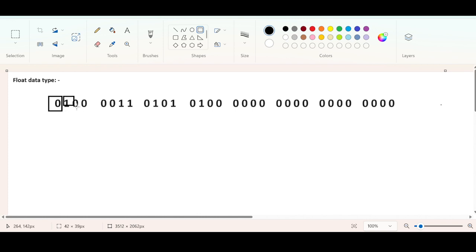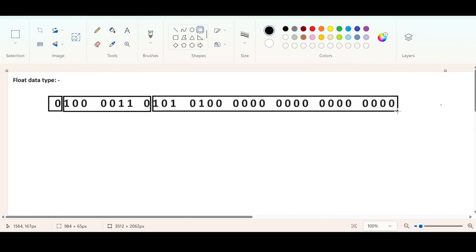The next 8 values, 2, 3, 4, 5, 6, 7, 8, are reserved to represent the exponent value. And the remaining part, if you count, we get 23. The remaining part is reserved for the fractional part.